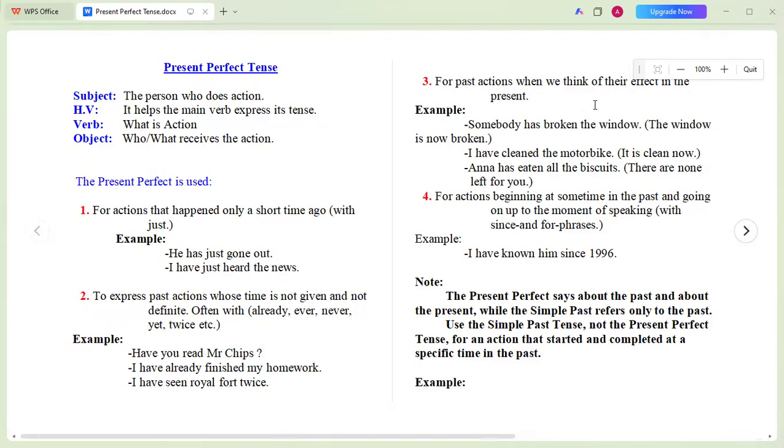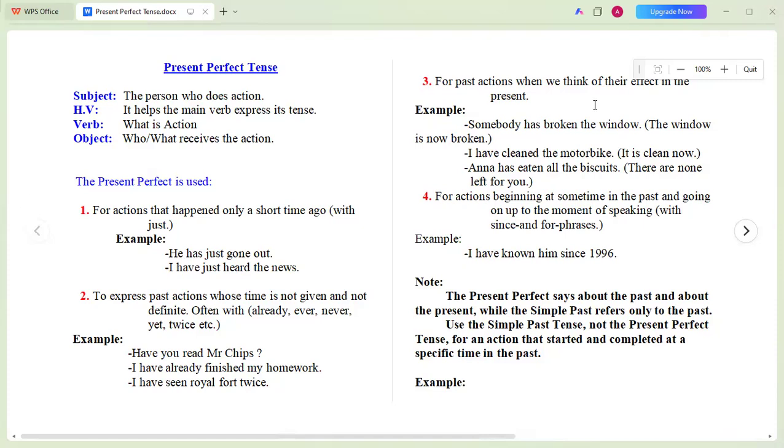The second example, I have cleaned the motorbike. It means that this action started in the past and now it is clean. So I have cleaned the motorbike. It means it is clean now. Number three, Anna has eaten all the biscuits. So there are none left for you. Okay.